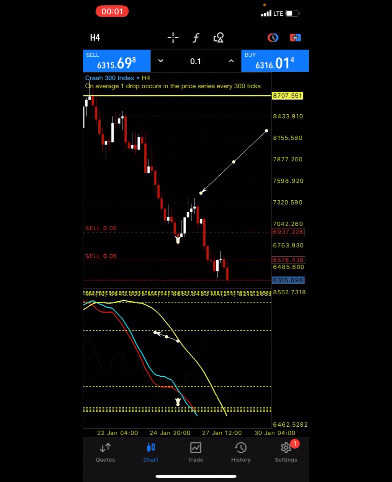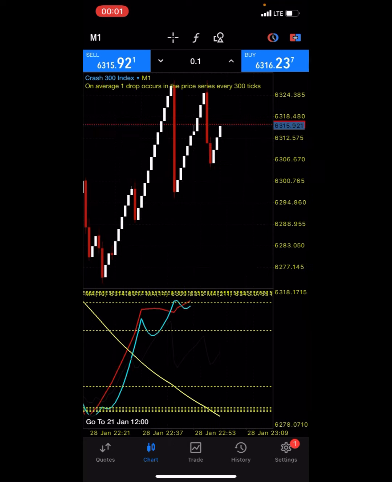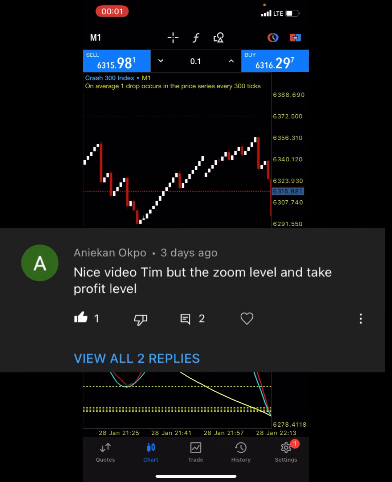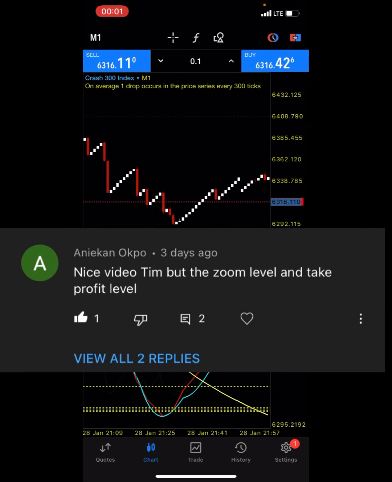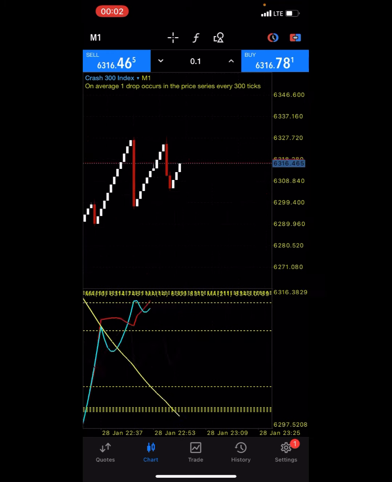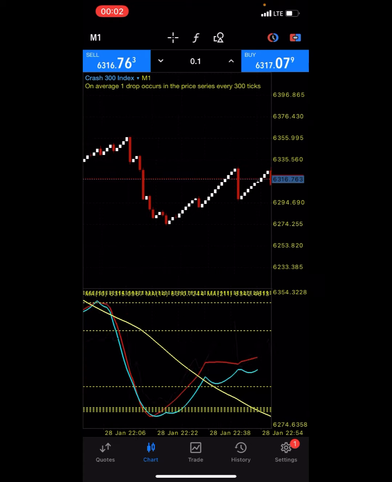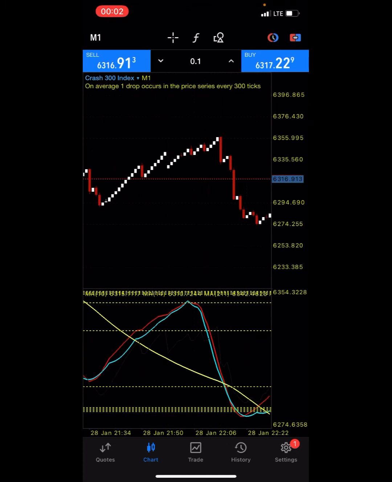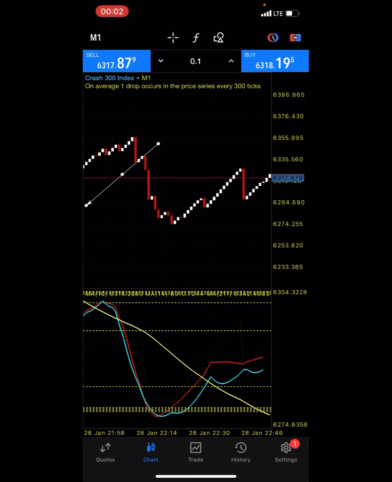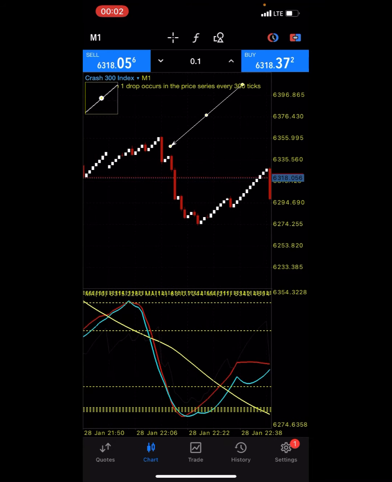Okay, so right now let's go straight to the 1 minute time frame, and the first question on my list is, hey Tim, how do I know where to take profit and where to set stop losses? Now in the 1 minute time frame, when you take entries, let's say we took an entry around the zone.